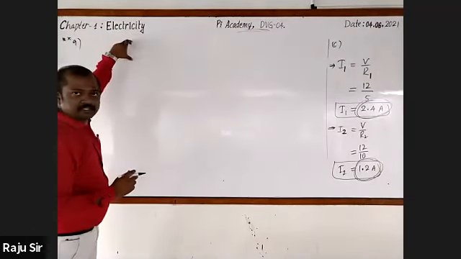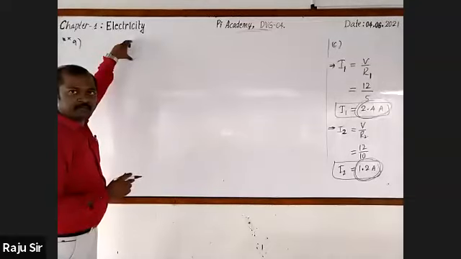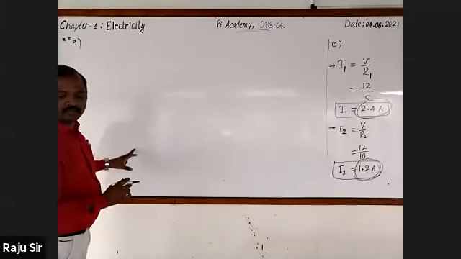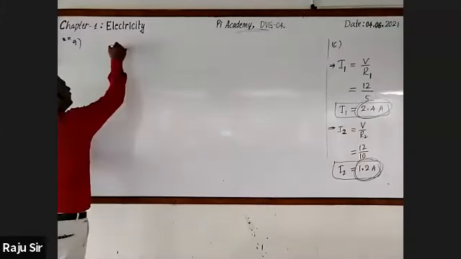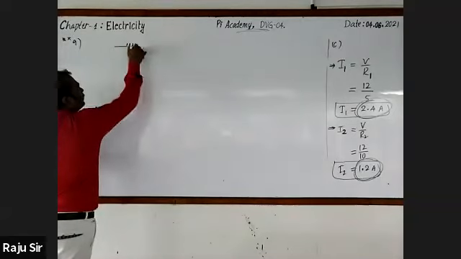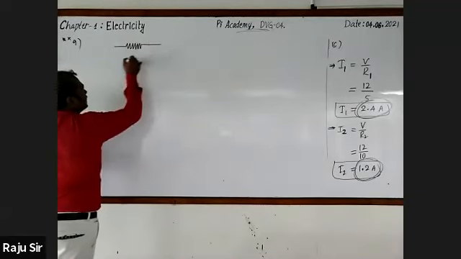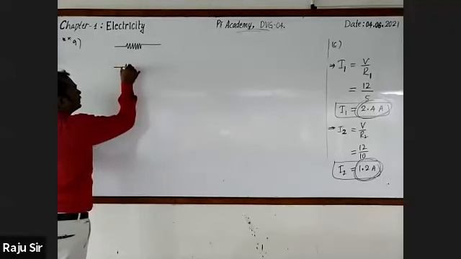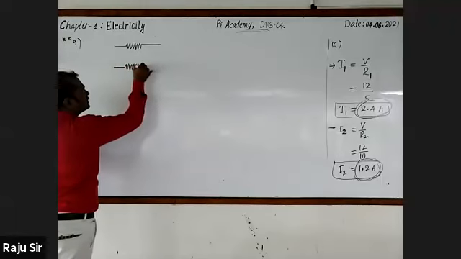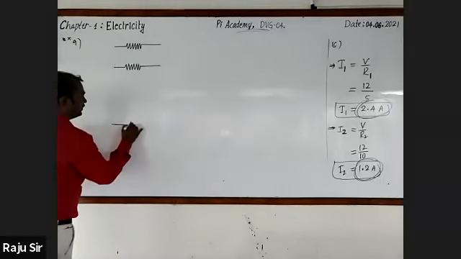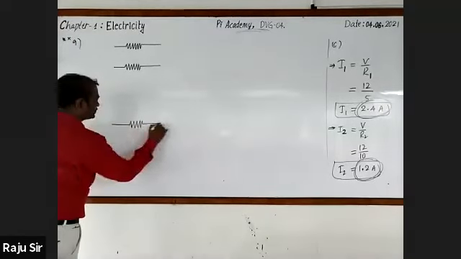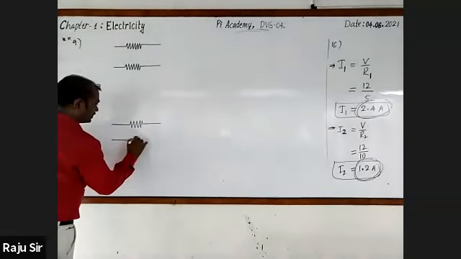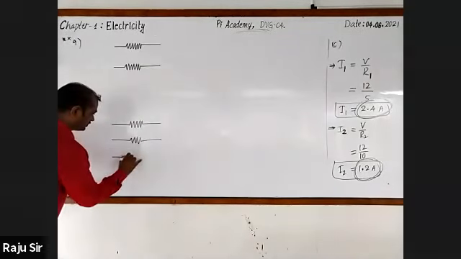Here 2 resistors are given, which are parallel, and here 3 resistors are given. These 3 are parallel to one another. Draw the zigzag line properly. These are the first 2 resistors. Next, here 1, 2: this is first, this is second, this is third.